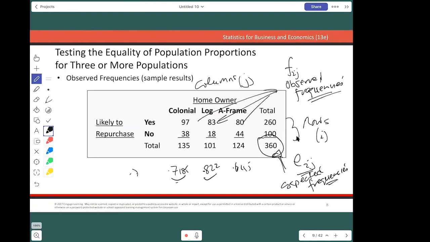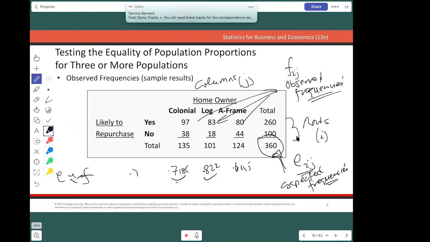And the logic behind the analysis we're about to do for all those three things I mentioned to you earlier, the test of independence, the goodness of fit test, and the equality of proportions, the analysis is identical, but they're just different contexts. What we have to now determine is how different your expected frequencies are from your observed frequencies.